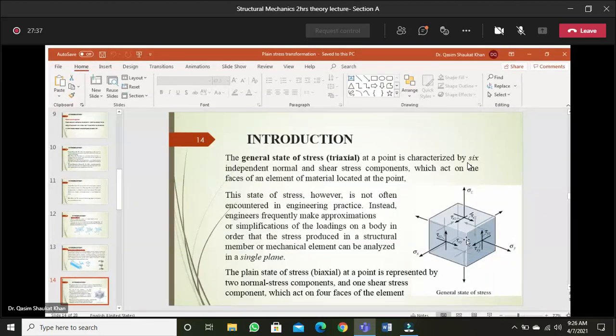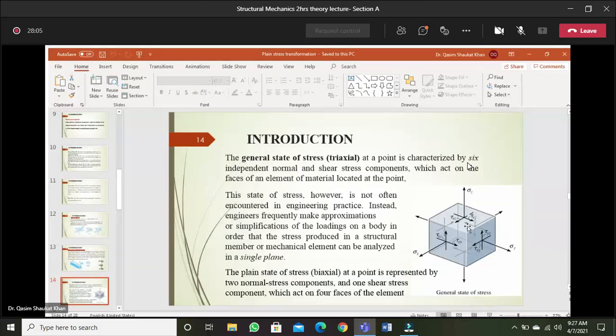Now, similarly, this is my Z and this is my Y, so this is my YZ plane. Whatever normal and shear stresses are acting in this YZ plane, which is the front side, the same stresses will be acting on this face, which is on the back side.